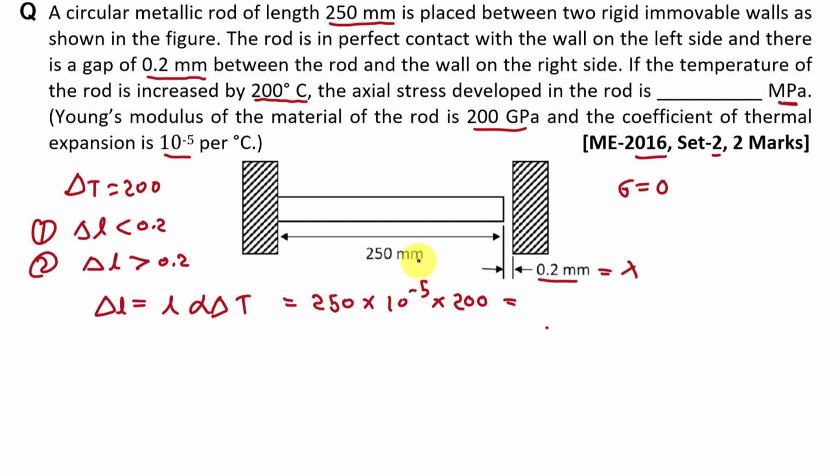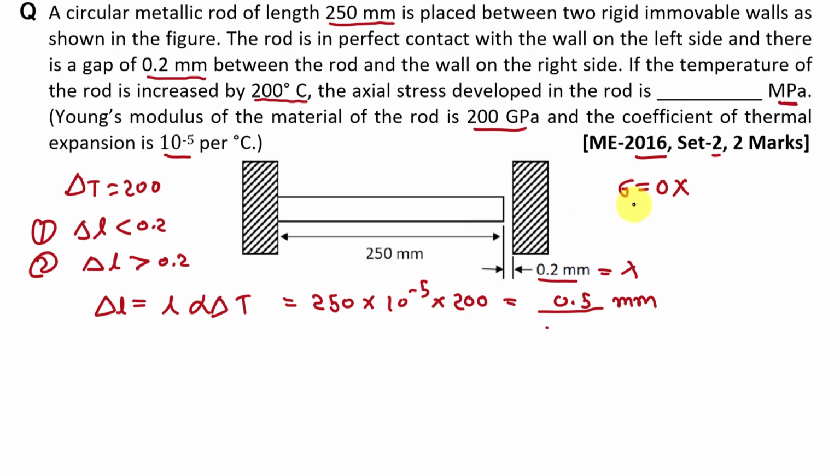Here this length is in mm, so this change in length will also be in mm. And if you calculate this, then you will get 0.5 mm, right? Here this 0.5 mm is greater than 0.2, means delta L is greater than 0.2, means it is not the case of free expansion. So here the value of sigma is not 0.